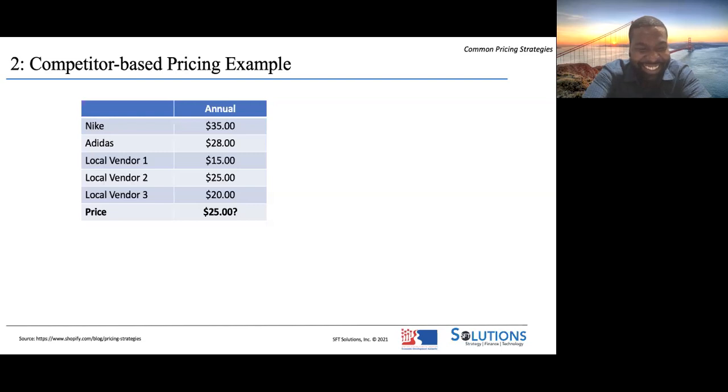Especially when you're comparing yourself to a Nike and an Adidas, which are well established and well-known brands, yes, your product may be good, but you don't want to come in and compare yourself price-wise with an already well-established company when you're unknown.